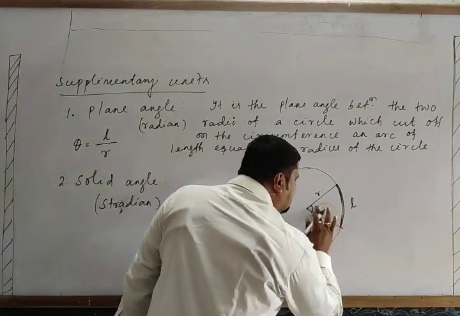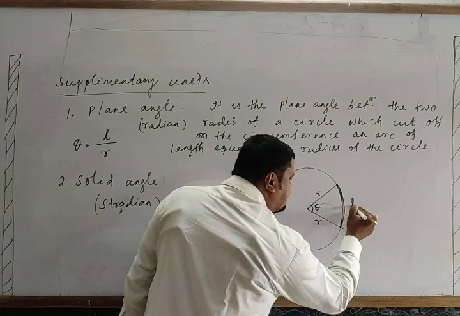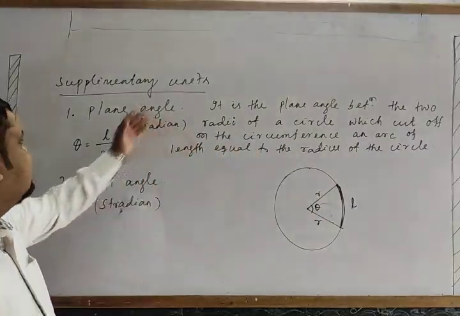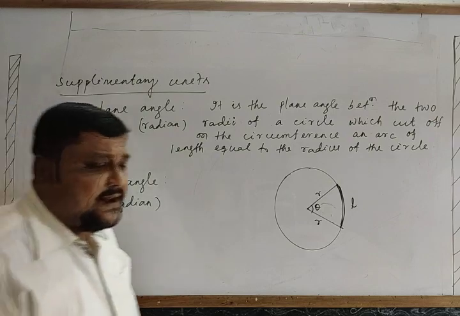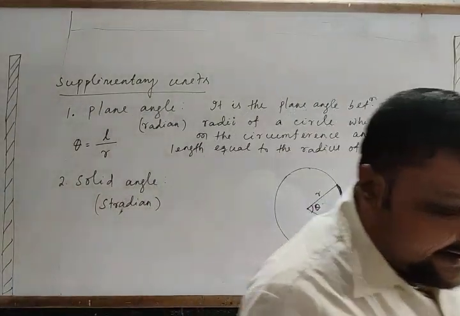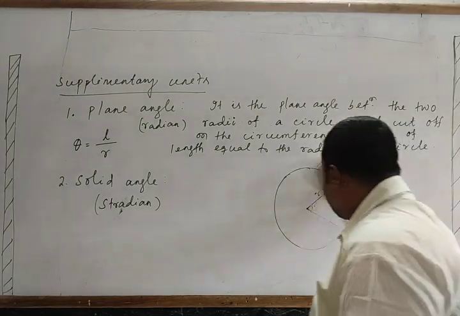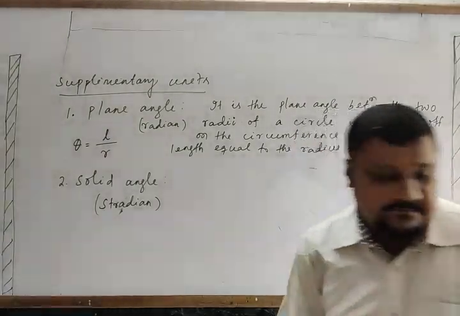Or if this angle is theta, then theta is equal to L by R. This is called the plane angle, and the unit is the radian. Okay, then next we will go for the solid angle.